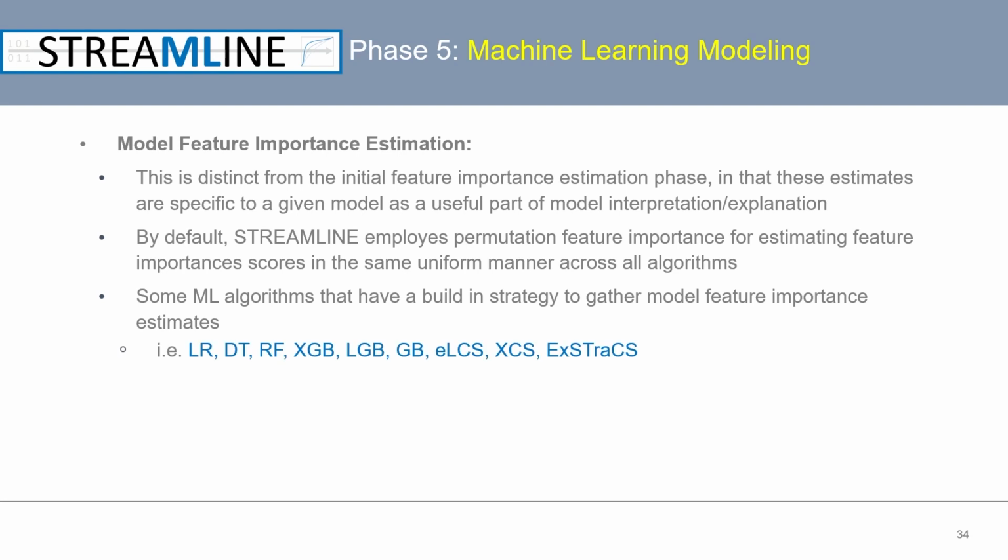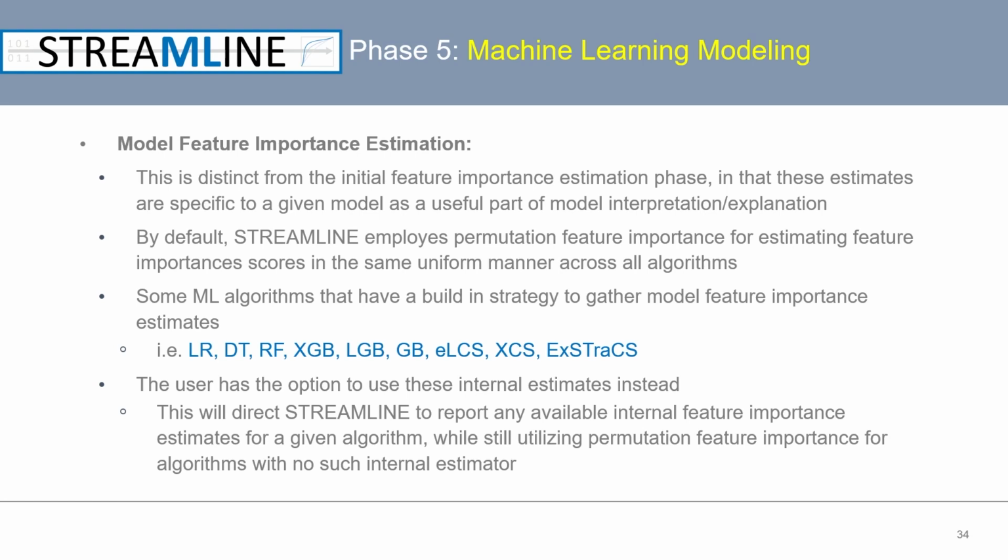These algorithms include logistic regression, decision tree, random forest, XGBoost, LGBoost, gradient boosting, ELCS, XCS, and ExSTraCS. Users have the option to use these internal estimates instead of the permutation feature importance ones. This will direct STREAMLINE to report any available internal feature importance estimates for a given algorithm, while still utilizing permutation feature importances for algorithms with no such internal estimator.